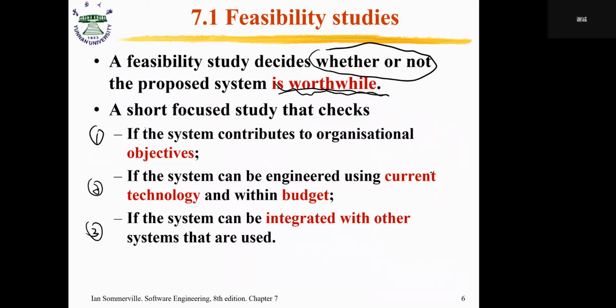The first aspect you should check is whether the system contributes to organizational objectives. This means the customer told you the system and the functions they want. Then you check whether, when you finish all the functions they ask for, it can fulfill the objective of the customer.